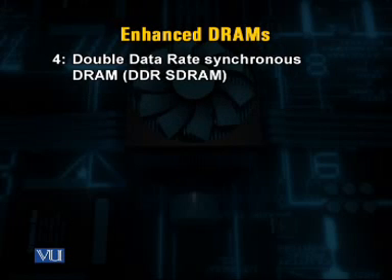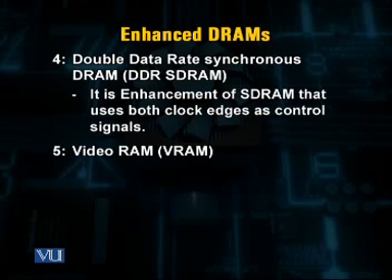It is one where the enhancement mode of synchronous dynamic RAM is used with both the clock edges and the control signal. And the video RAM is one where, like the fast page mode DRAM, output is produced by shifting the row buffer.